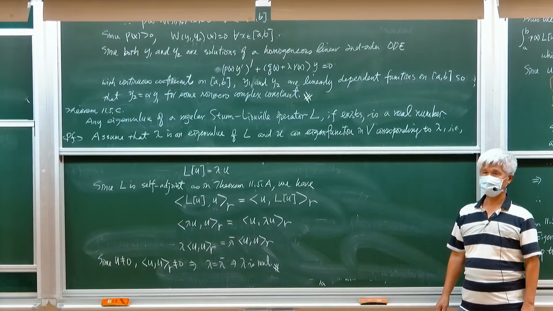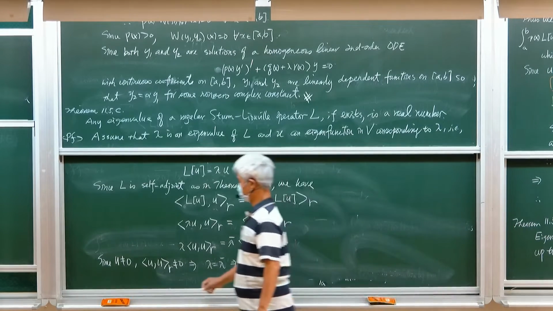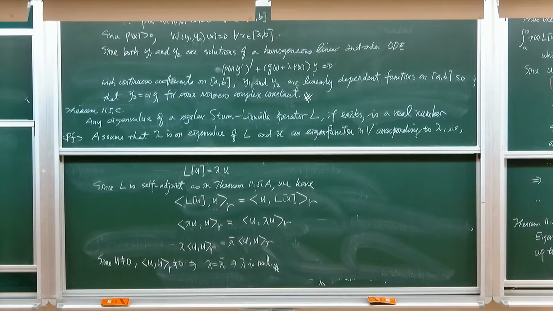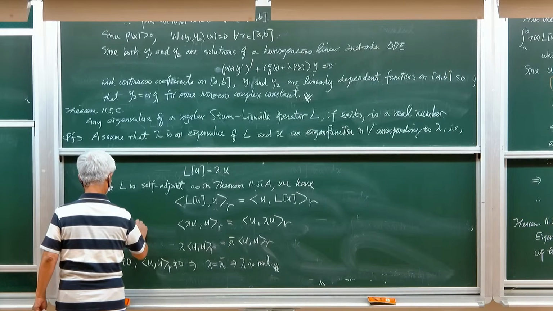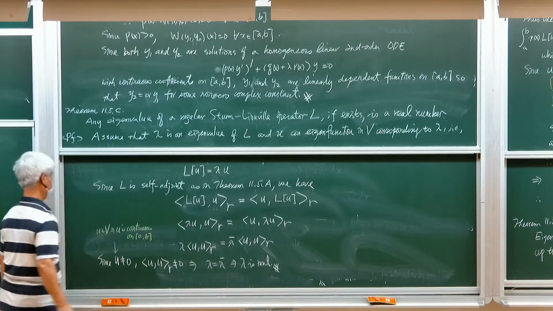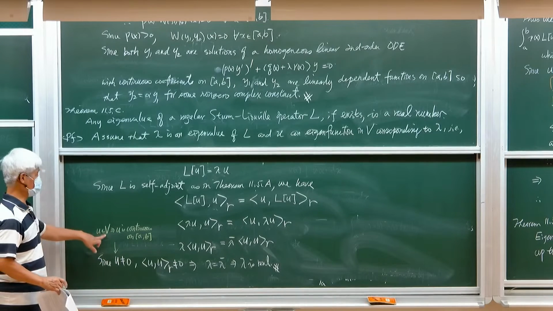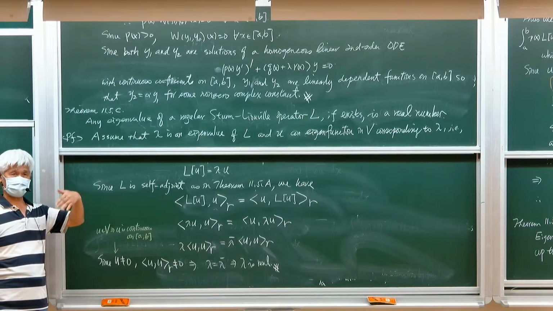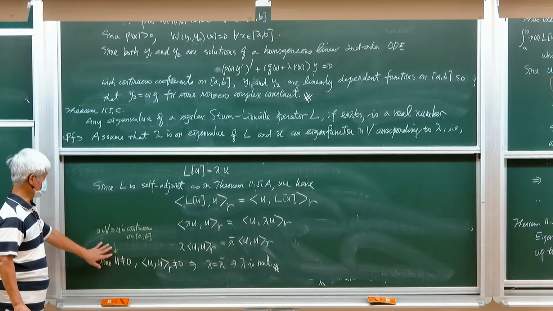Any questions? Remember, any u here is a continuous function, because it's in capital V. We have four properties for any function in capital V, and so u is a continuous function and it is non-zero.